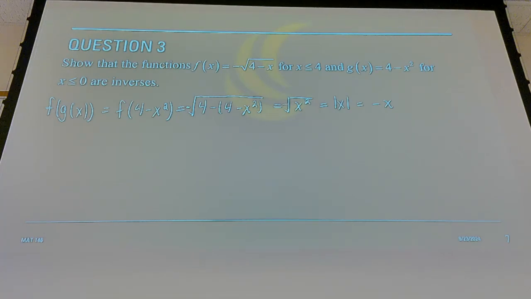Negative there, which means that's a negative, which means that's a negative. Make that negative x. Just positive x.